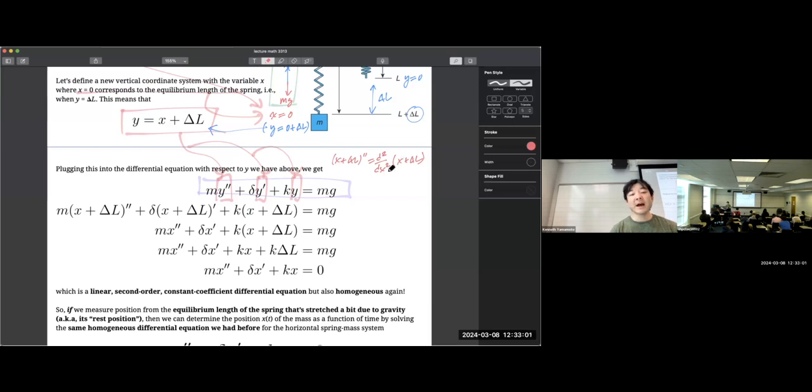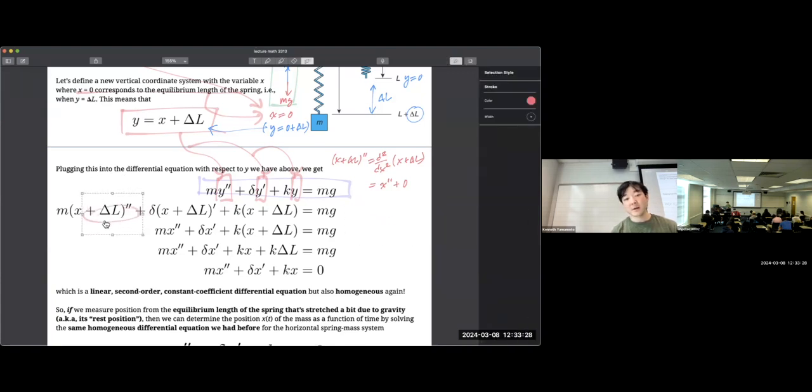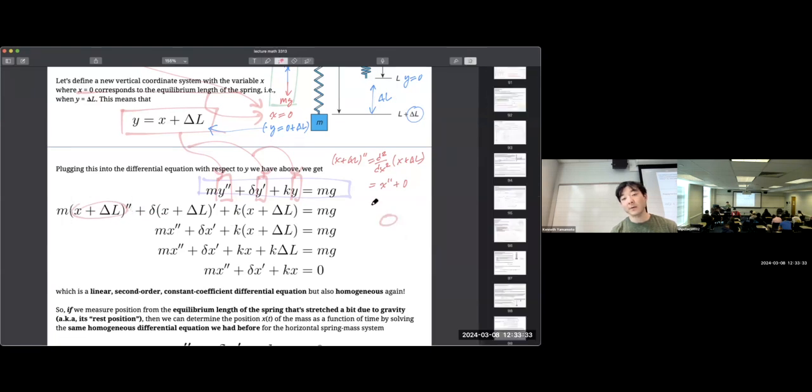So this is the same as x double prime plus, what's the second derivative of delta L? Well, delta L is just a number. It's however much it's stretched, so that's just a constant. If you take the second derivative of a constant, it's just 0. So this quantity right here is just equal to the x double prime right here.